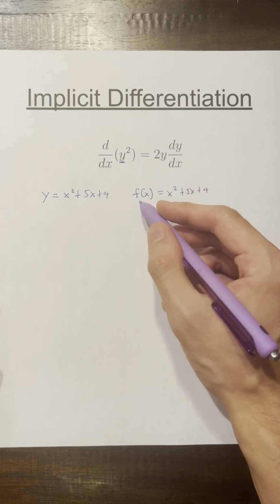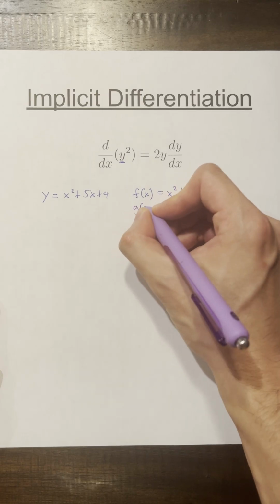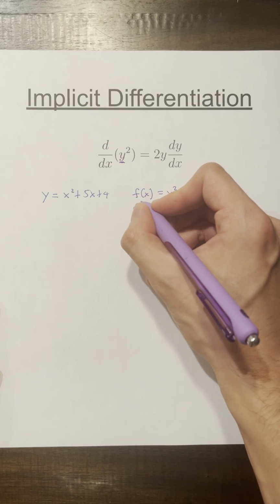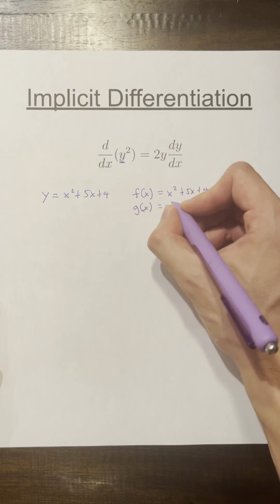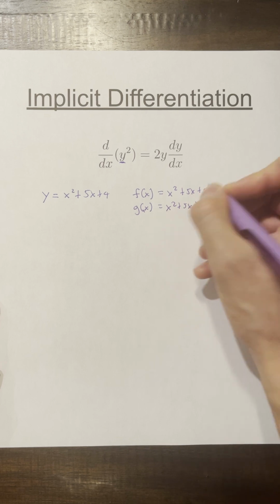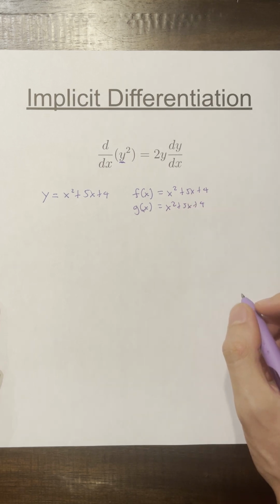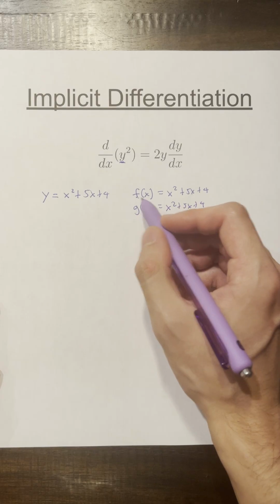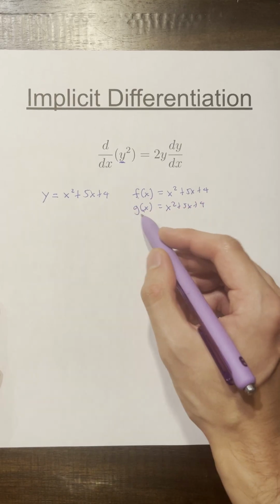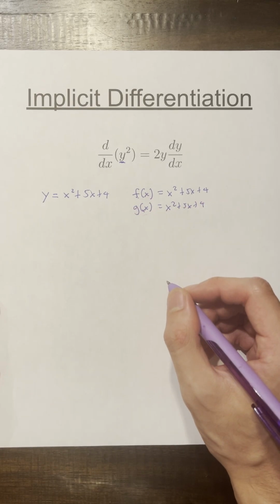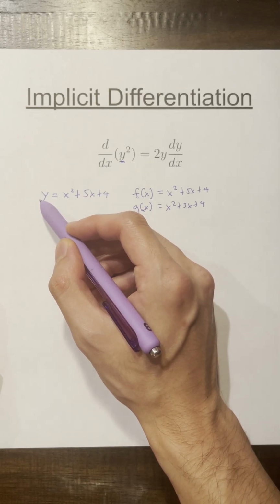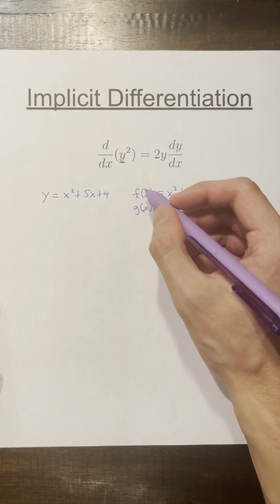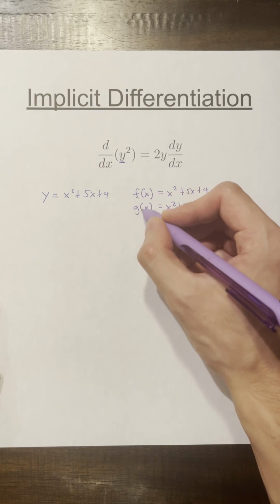Sometimes they'd use a different letter, so they might use g, and you'd see it like this. But y and f of x are the same thing. y and g of x are the same thing. So we can say that y is a function of x.